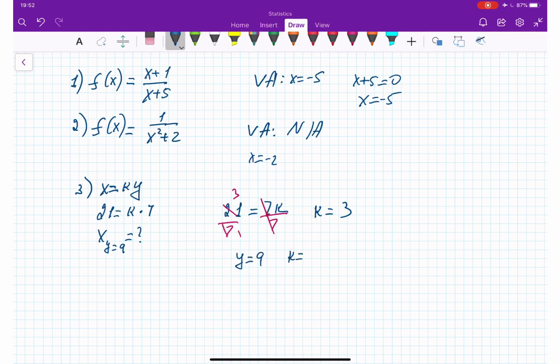K is equal to 3. So using this directly proportional formula, we will have x is equal to 3 times 9, which is 27.